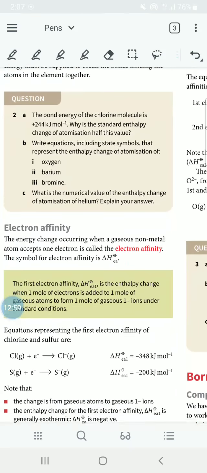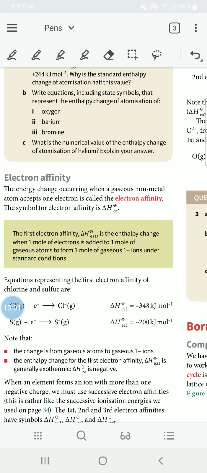Now, what is special about helium? Helium is already in its gaseous form, so we don't have to worry about it. So the answer is 0.